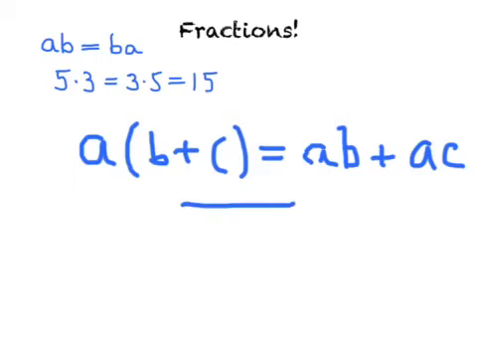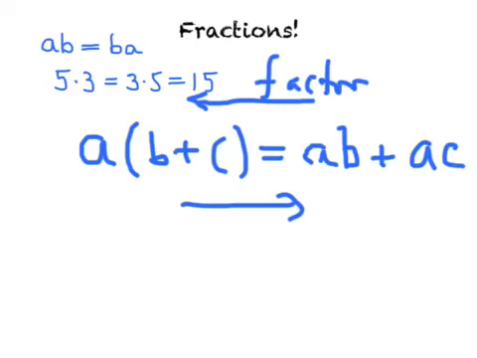In this direction, we distribute: A times B plus A times C. In this direction, we're factoring. Notice we factor out an A times (B plus C). This is factoring. This is distributing.